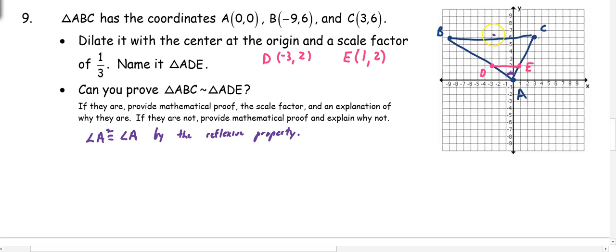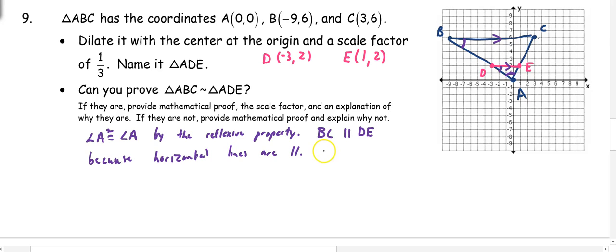So we know that BC has to be parallel to DE because they're horizontal lines. So now we're going to say that BC is parallel to DE because horizontal lines are parallel. So now, because we have those parallel lines, we can pick which one we want to use. So I'm going to say that B is congruent to D because they are corresponding angles.